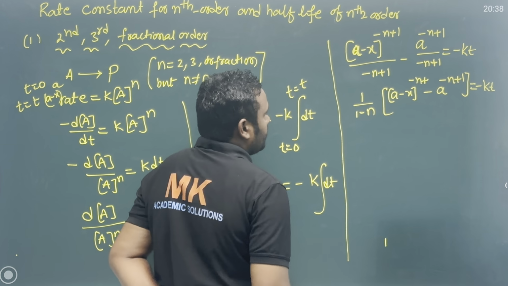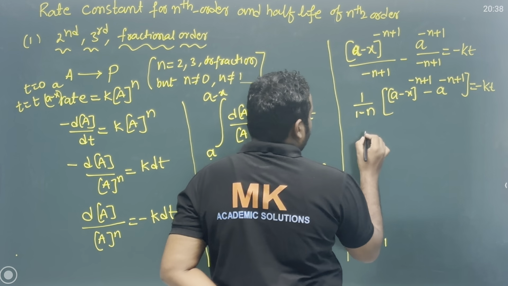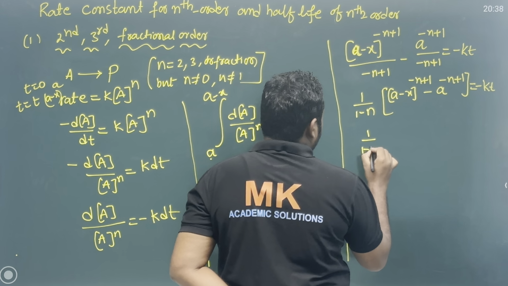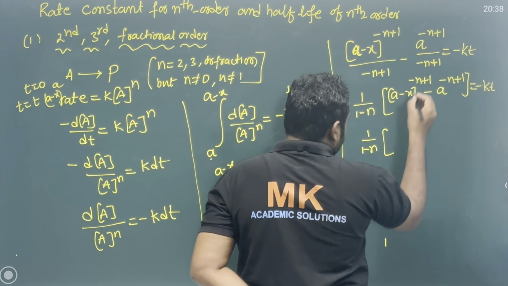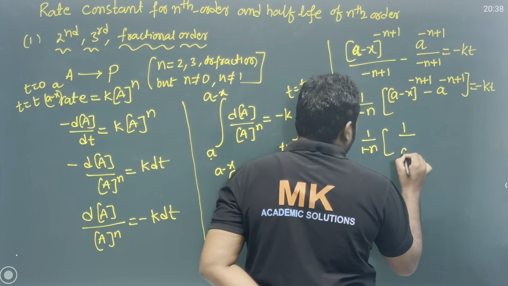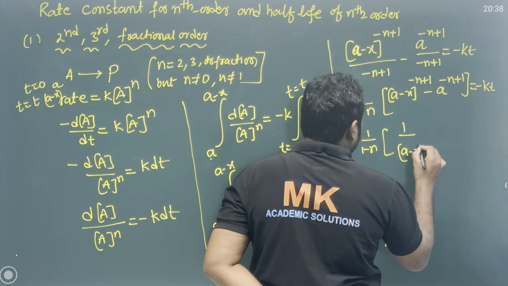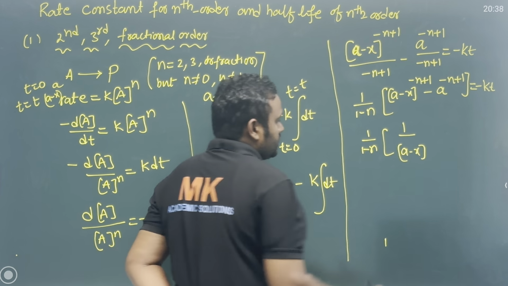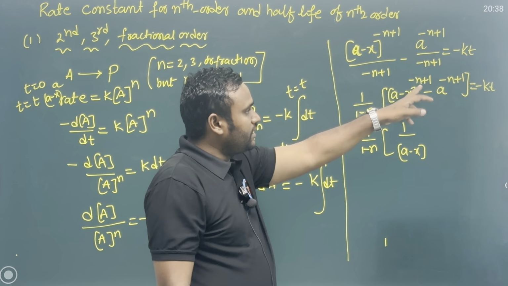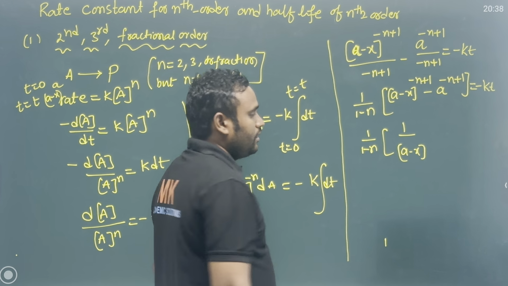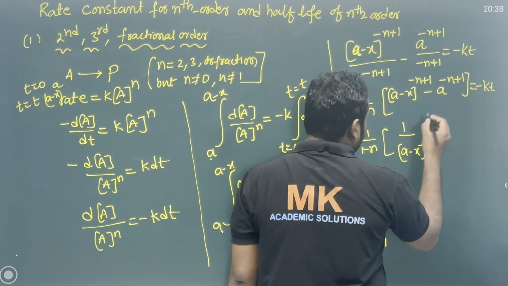Now what you can do here: initially it is in the numerator, and when you bring it to the denominator, the power will become inverse, so we need to multiply with minus 1.